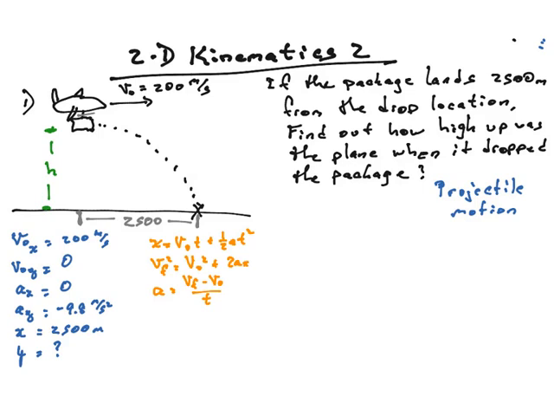But if I use this equation in the x direction, could I use the equation to solve for the time using x information? Well, let's see. I'm looking for t. Do I know the x acceleration? I do. It's 0. Do I know the initial velocity x? I do. It's 200. Do I know the distance in x? I know that. That's 2,500.